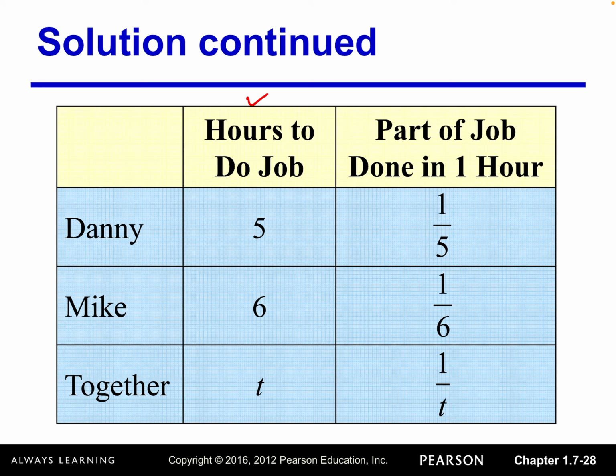And how long it will take them working together, we do not know. That's the unknown variable, so we use T to represent it. That's the only unknown quantity for this problem. And then the hourly work rate will be 1 out of T, right? 1/T.